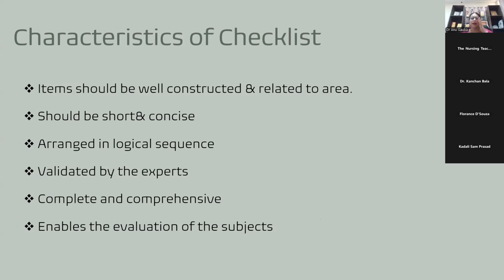Second thing, whatever checklist you are going to prepare, whether it has 10 points, 30 points, or 50 points, make sure it is validated by the experts, right? Once they validate your checklist, only then can you use it while collecting your data.